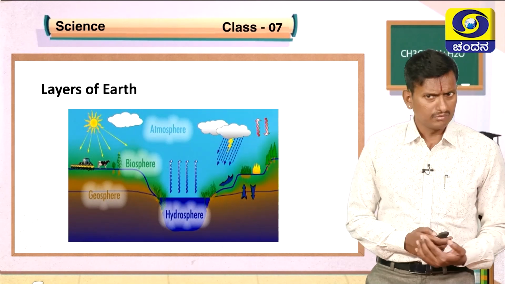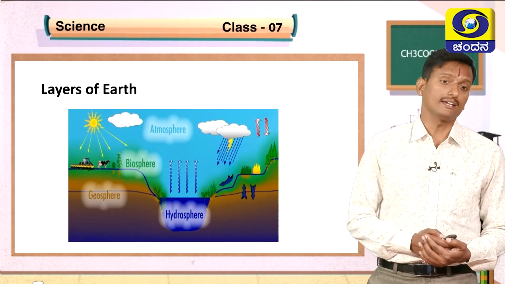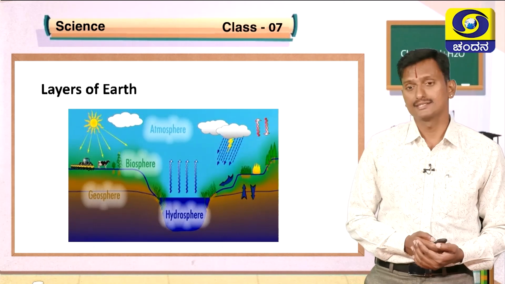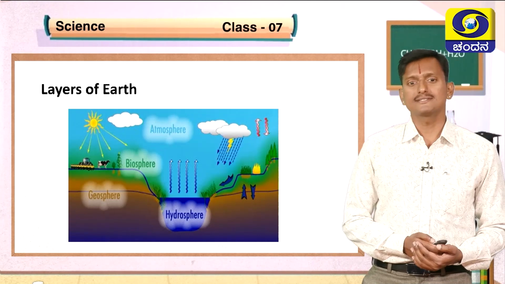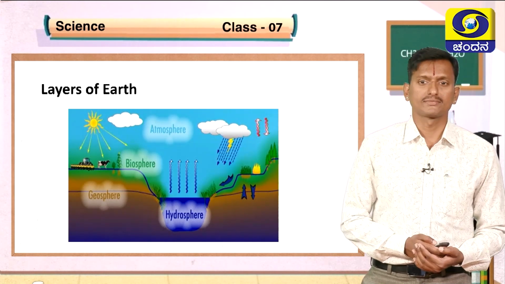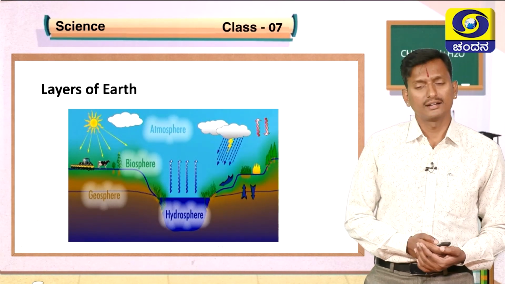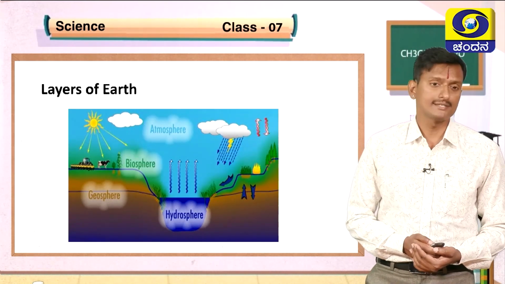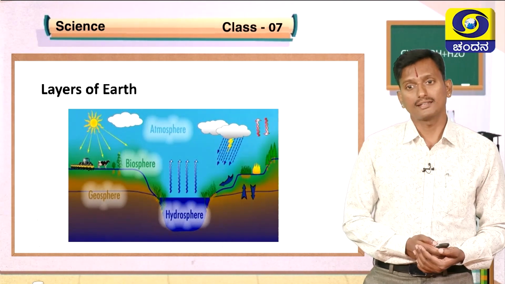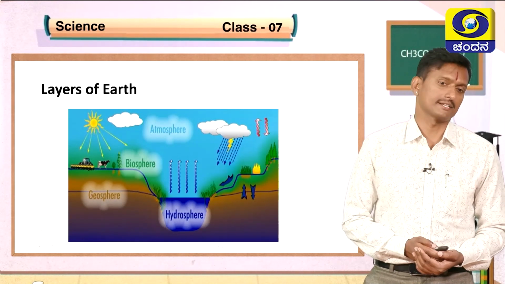Here, both biotic and abiotic components are interacting with each other. You know, biotic means the plants, animals, different types of living organisms. Abiotic means the sunlight, air, water, etc.